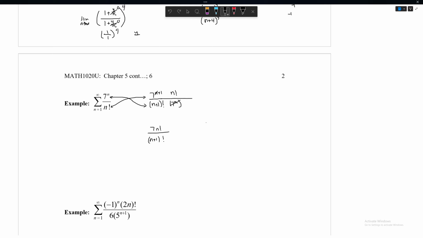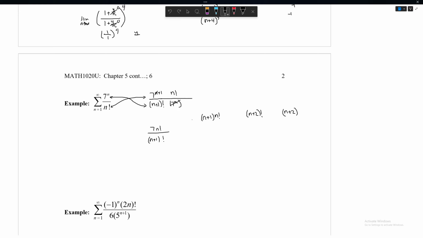And so my (n plus 1) factorial can be rewritten as (n plus 1) times n factorial. That's one way to write it. If I had (n plus 2) factorial, what I'll get is (n plus 2) times (n plus 1) times n factorial. This is another way to rewrite it, by the way. They both mean the same thing.